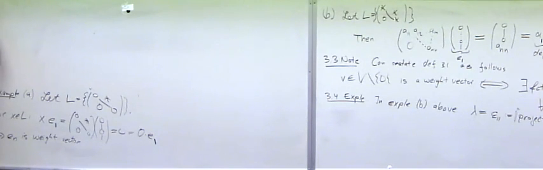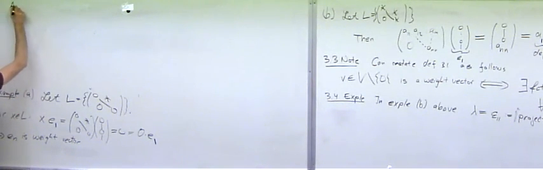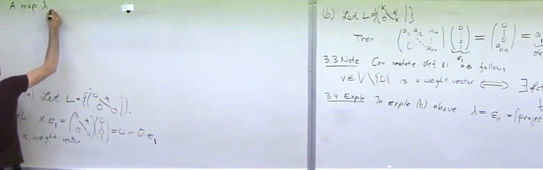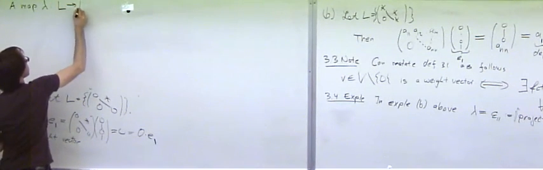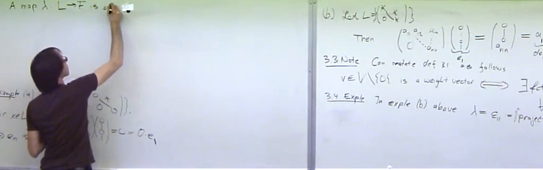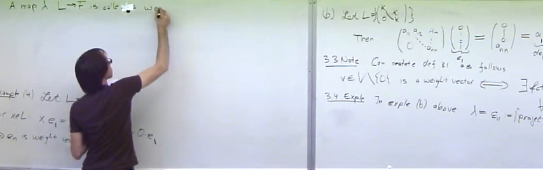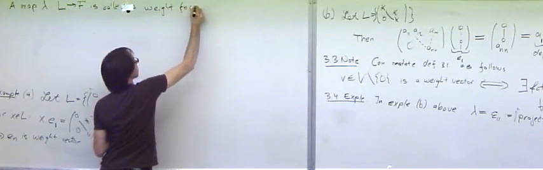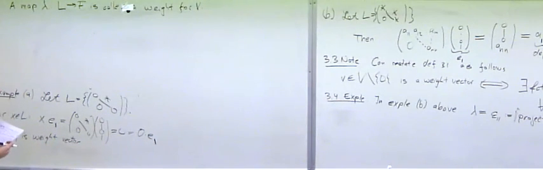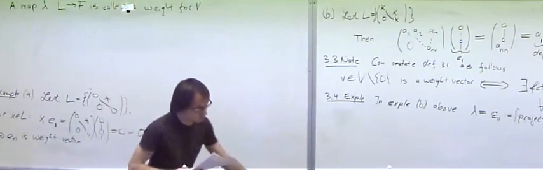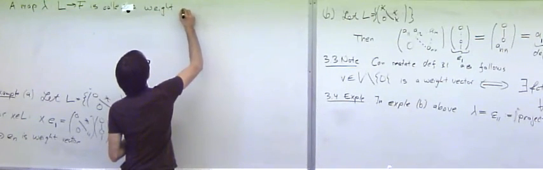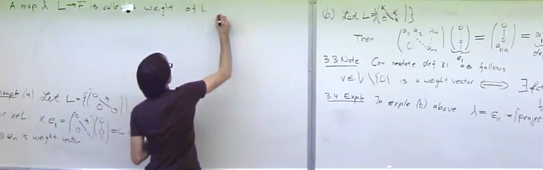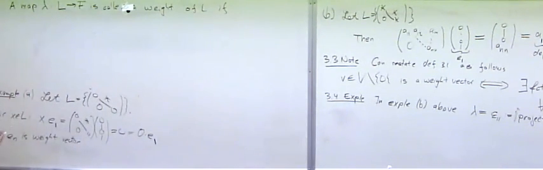Lemma and also a definition. Such a map lambda is called a weight for the given L, if there is such a weight vector.